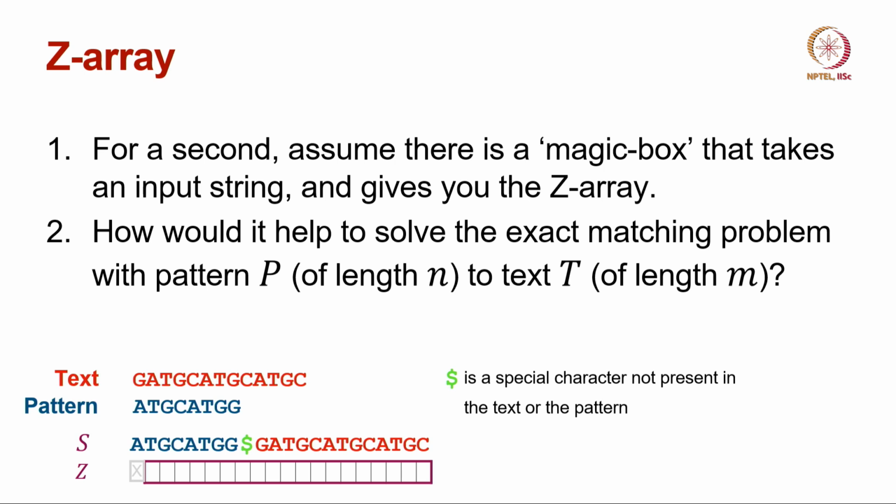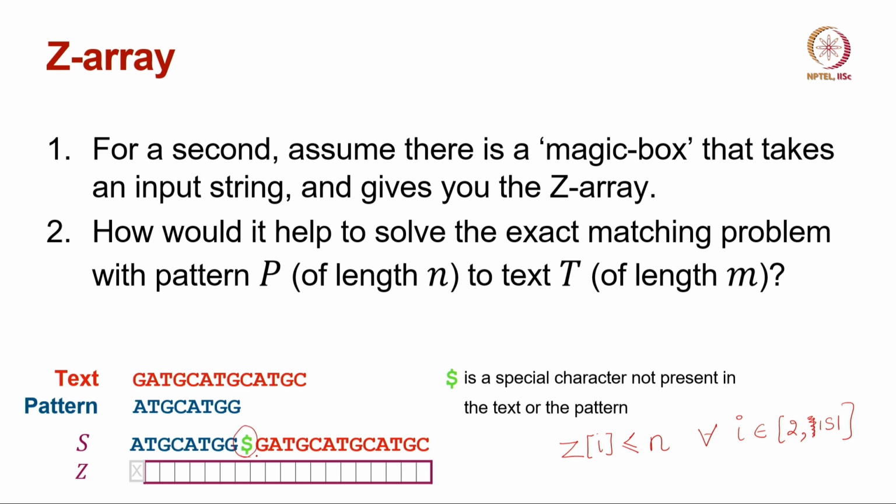If you recall the definition of the Z array, the first observation we have to make here is that Z_i is always going to be less than or equal to the length of the pattern, for all i from 2 to the size of the string S. This is because of the special separator symbol.